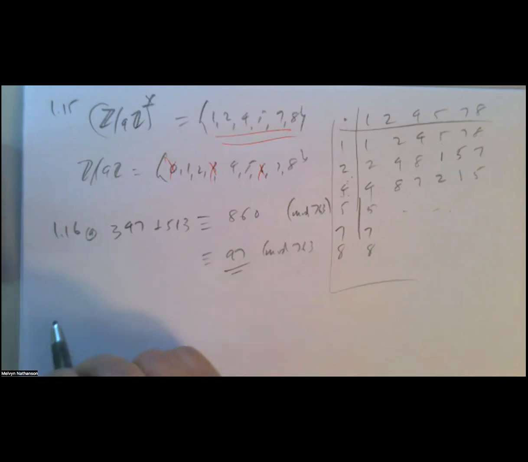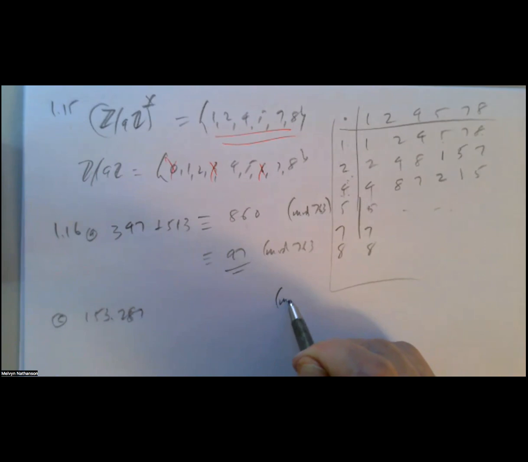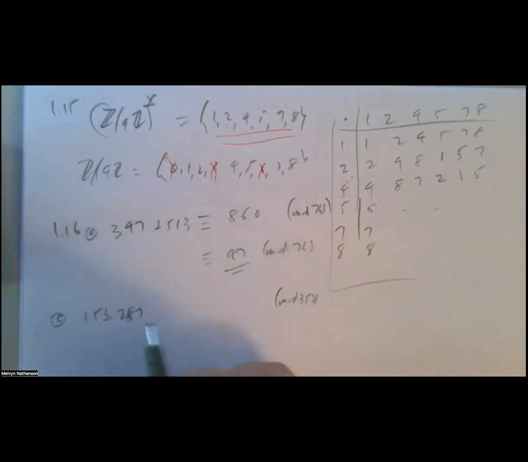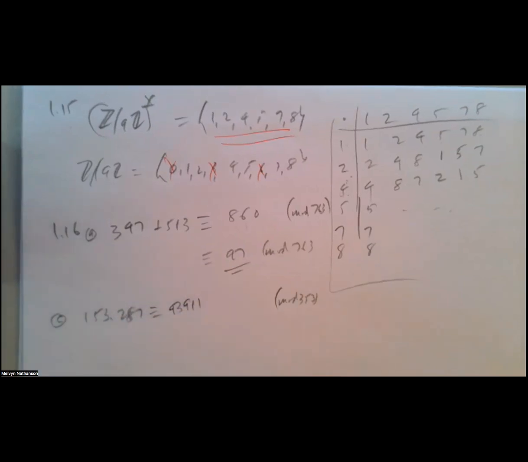And what is 153 times 287 mod 353? You can go to your calculator or your computer or whatever you prefer, but 153 times 287 is 43,911.